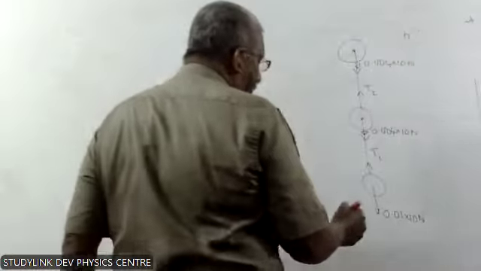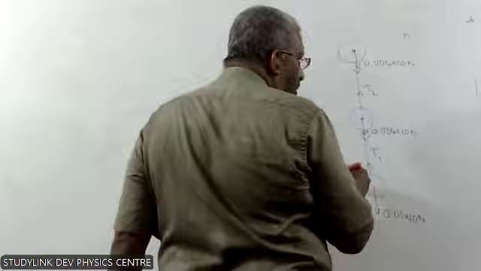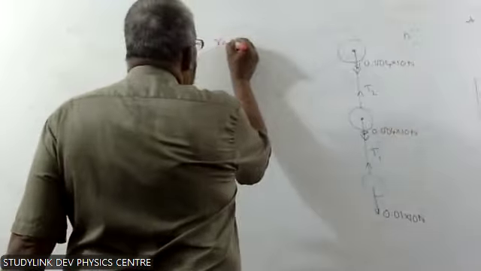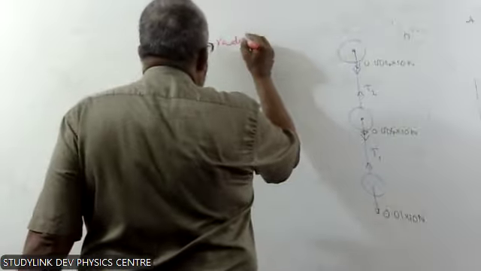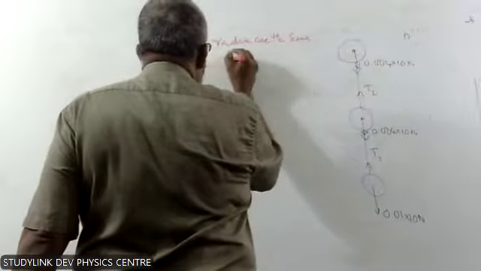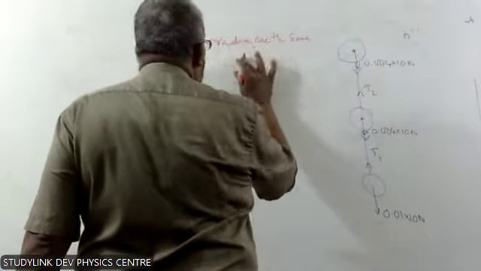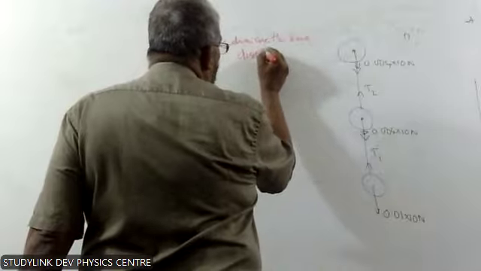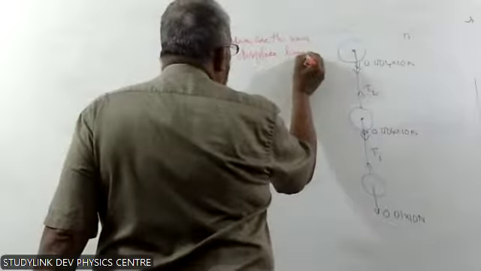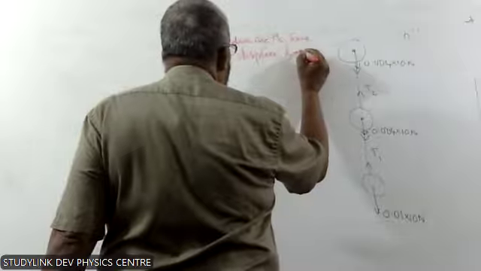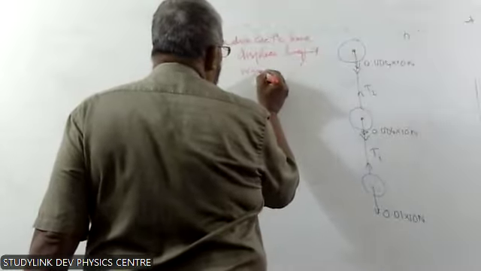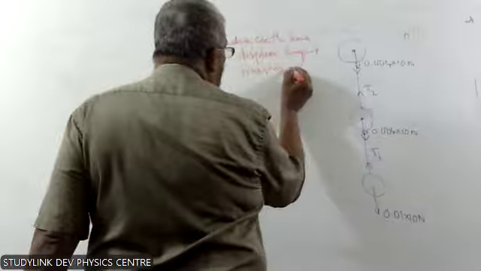Then mark upthrust. Radii are the same, no? Then displaced volumes are the same. Then you write radii are the same. Therefore, upthrust or displaced liquid weights are the same.